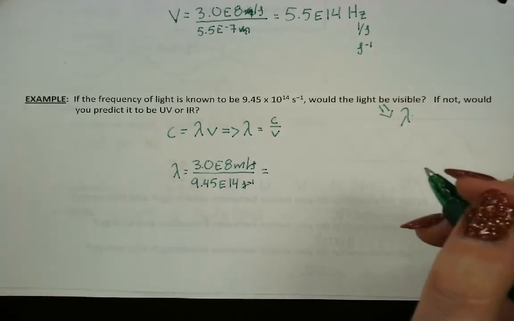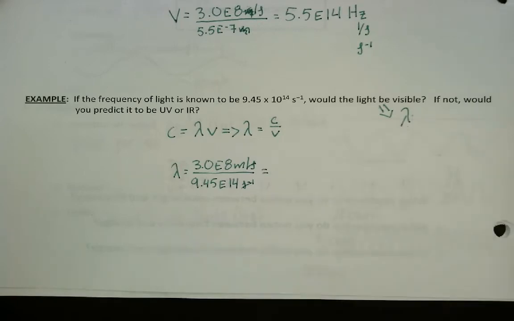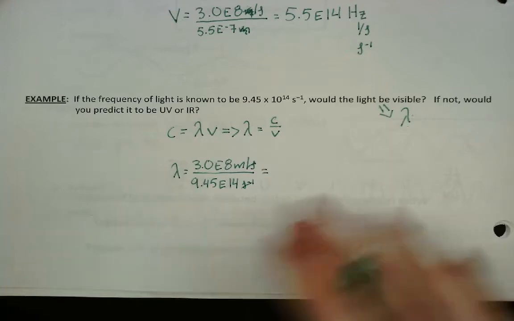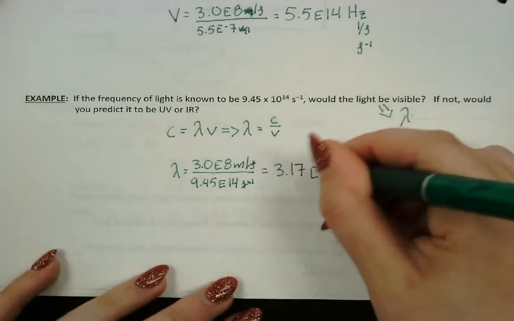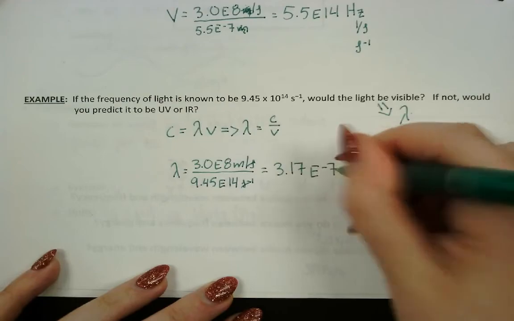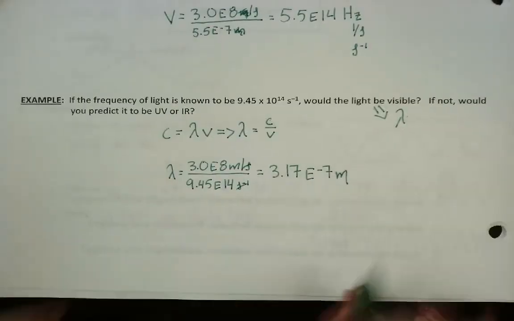And when we do that, we should get, let's see, divided by 9.45 to the 14th. So we should get 3.17 e negative 7 meters.